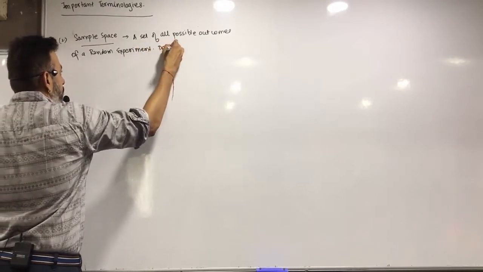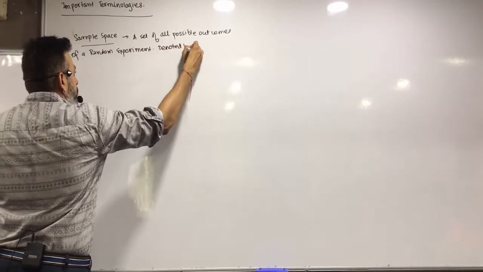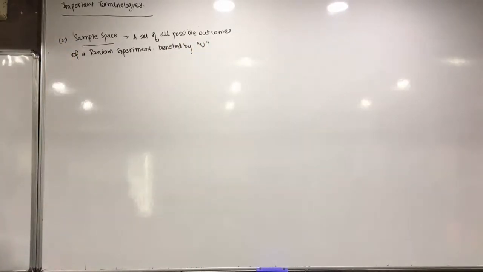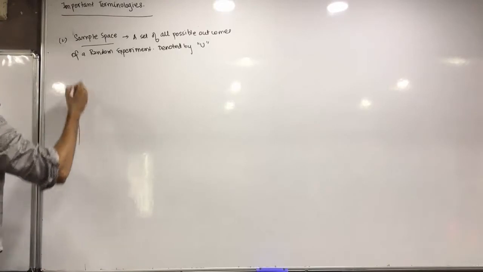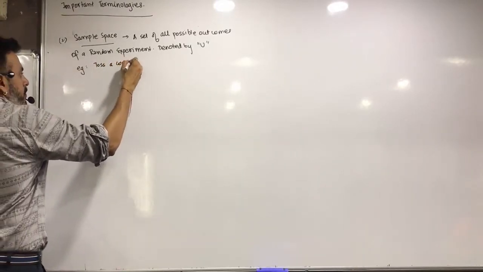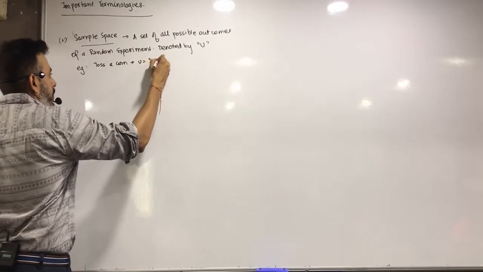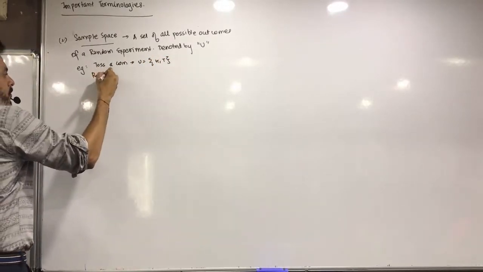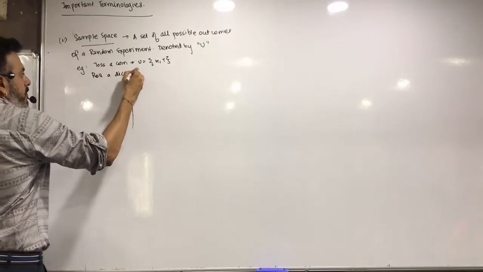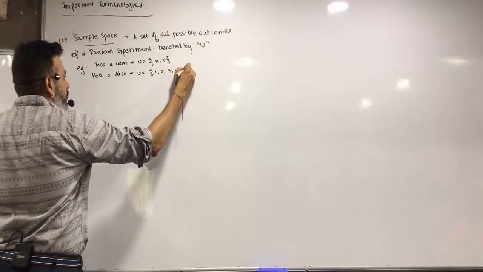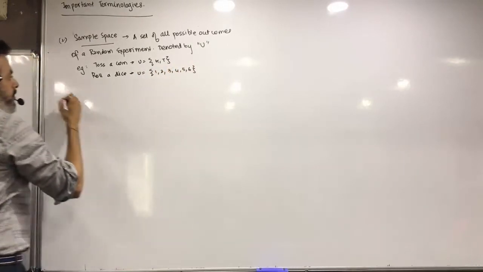It is denoted by capital U. Now, example: toss a coin, U is equal to head, tail. Roll a dice, U is equal to 1, 2, 3, 4, 5 and 6.